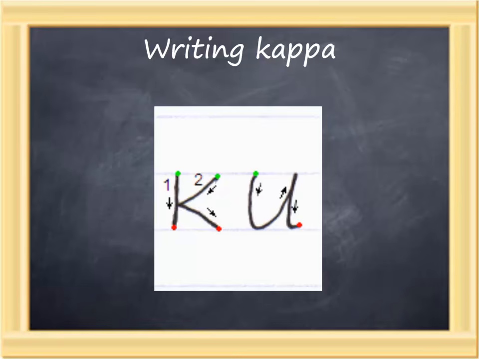The kappa, in its primary form on the left, looks like a K in English, except it sits in the lower half of the registry of the line. Some people form the kappa looking a bit like a U on the right, but that form is quite rare. You should practice the first form, a K, all kept in the lower half of the line.